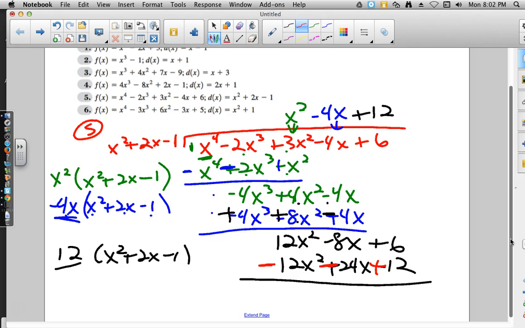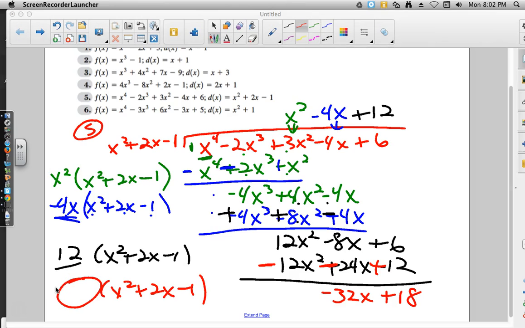We have negative 8x and negative 24x, so that's going to give us a negative 32x, and then we have a 6 plus 12, which is 18. Now I go back to my divisor, and I see I cannot multiply that divisor by something to get a negative 32x, which means the rest of that is going to be our remainder.